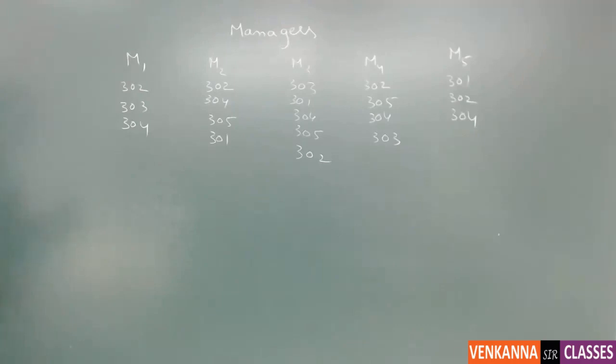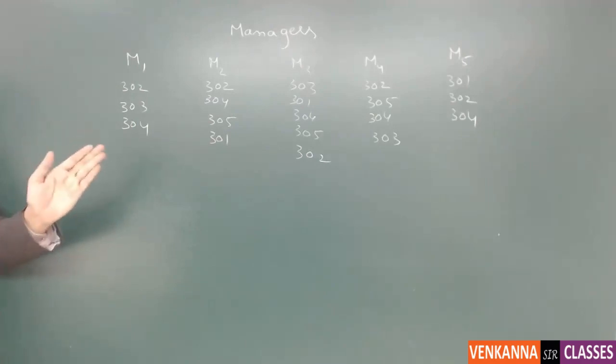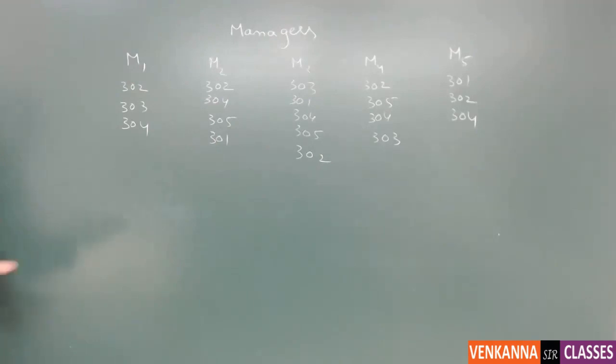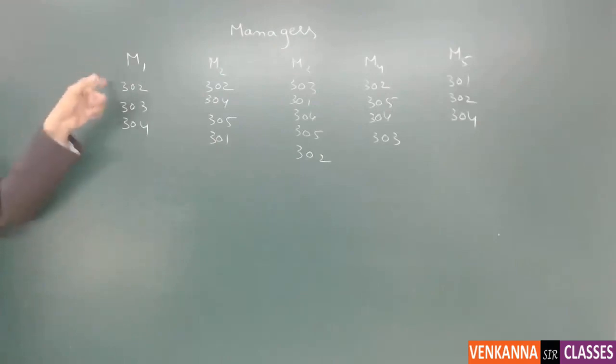Right. Now, whenever no preference is given, we leave it blank when we frame the tabular data. You can take the order of preference as 1, 2, 3 like that.